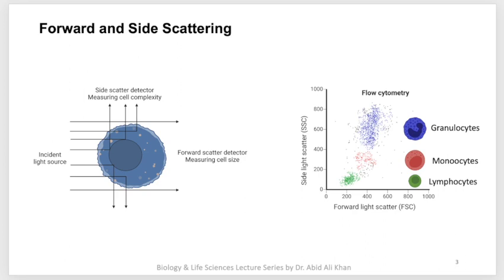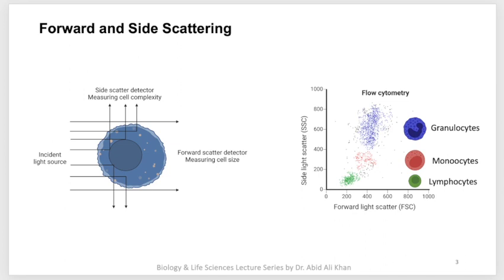On the right side of this slide, we see a classical example of flow cytometry, where the whole blood of a eukaryotic organism, let's suppose it's human, is analyzed, and you could see there are three different populations represented in this graph: in green, in red, and in blue.